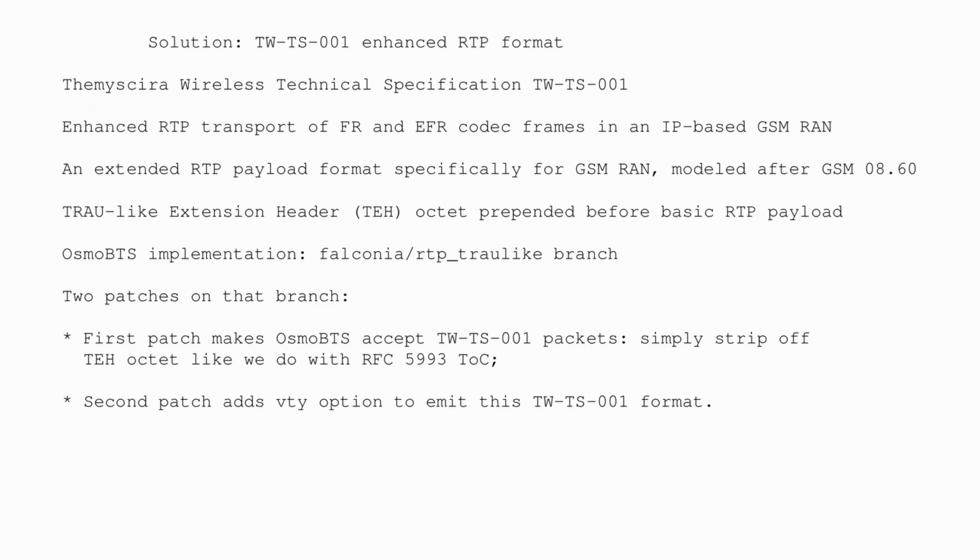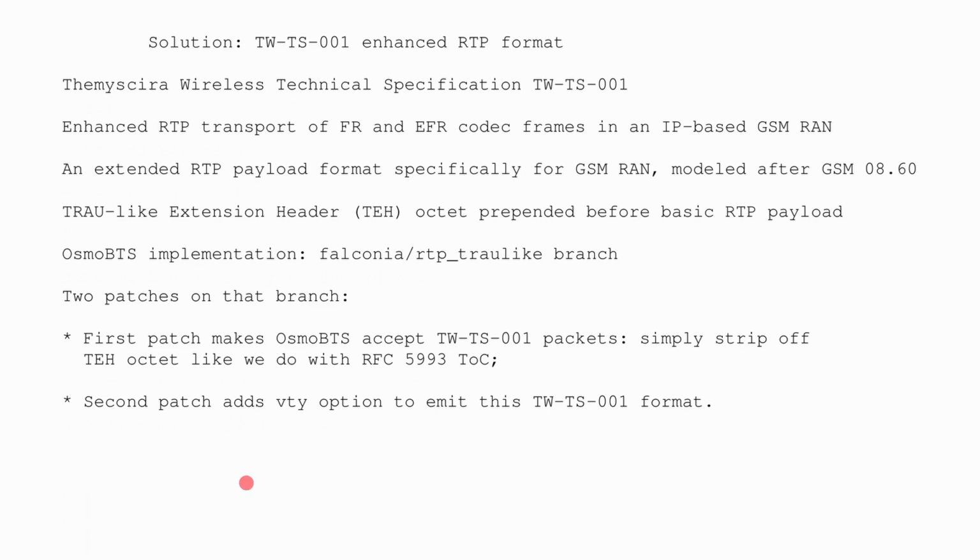Very similarly to how RFC 5993 for the half-rate codec prepended one more header byte in front of the payload to give the SID classification, I have done a similar thing here, but for a different purpose. I'll cover RFC 5993 later, and as you'll see, it doesn't do the same thing as what I'm doing here in TW-TS-001. But in this spec, you're more than welcome to read the actual language, written 3GPP style, as it covers why and how and the format of the flags.